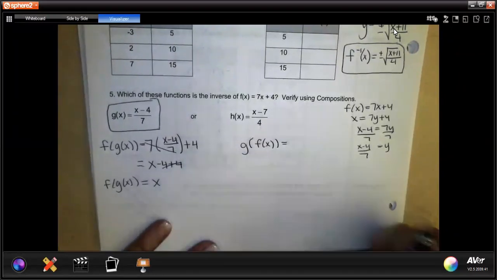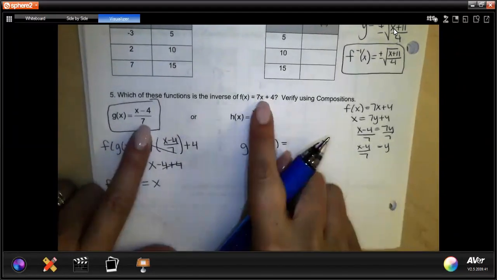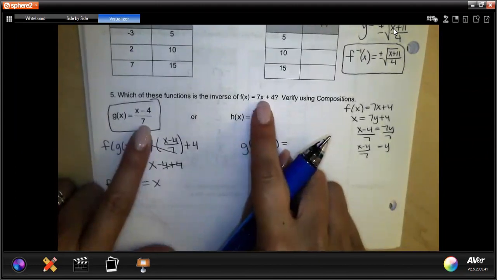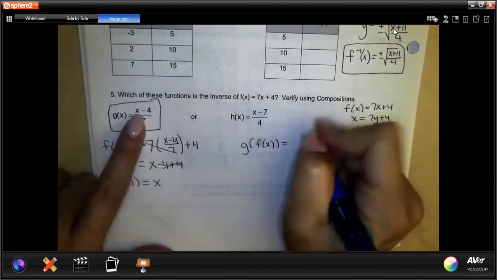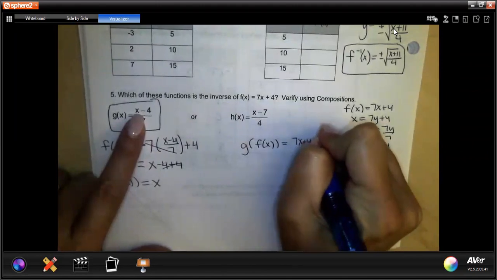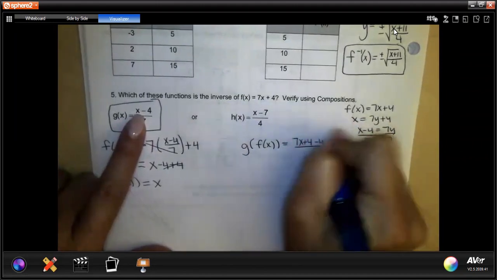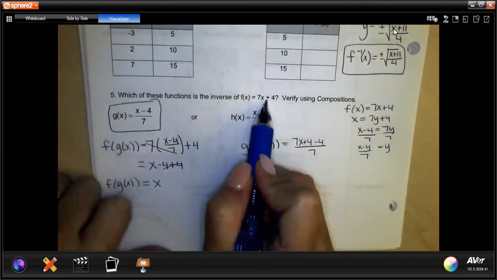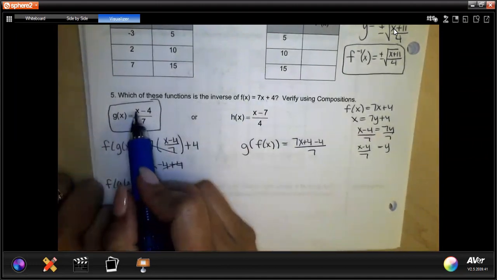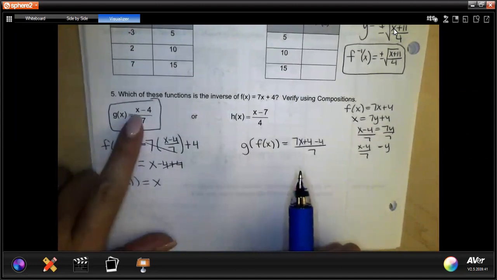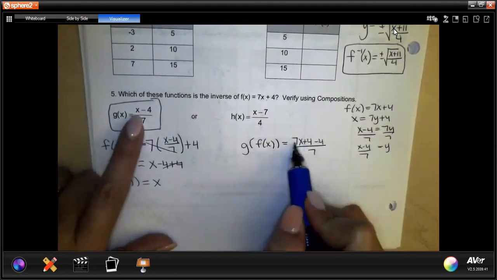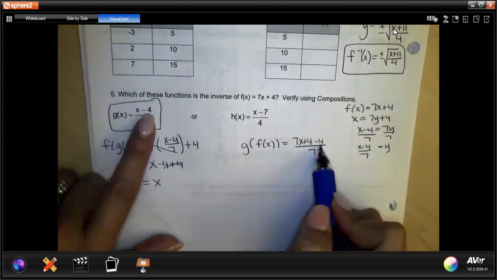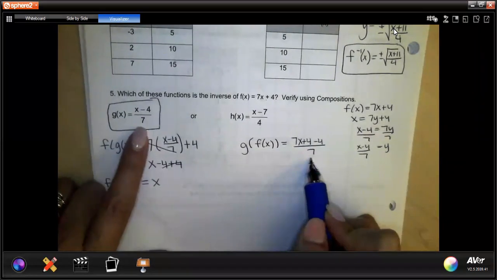All right, for our g of f of x, I'm going to start with this one, and I'm going to plug in my f of x function here. And so I get 7x plus 4 minus 4 over 7. I've taken this function and I've plugged it in for the x right here. So my g of x function is x, there's my new x, minus 4 over 7.